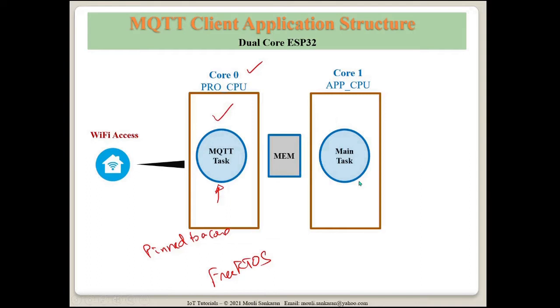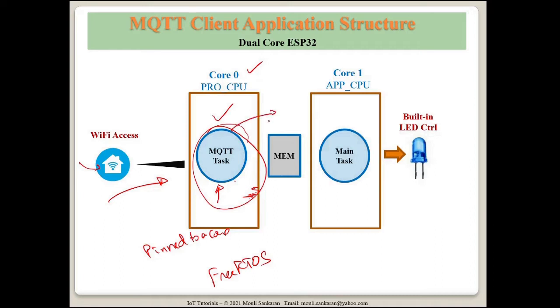This is an application code which is controlling, in this case, a built-in LED. We are receiving a command: switch off, on, or blink fast or blink slow. That command is coming from the broker through the Wi-Fi network into this protocol stack. This task receives the command, processes it, and then puts the final command, which could be 0, 1, 2, 3, 4.